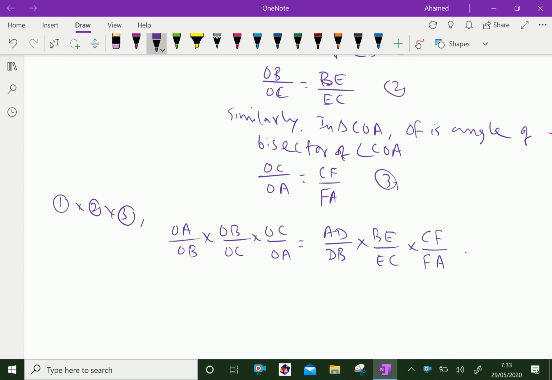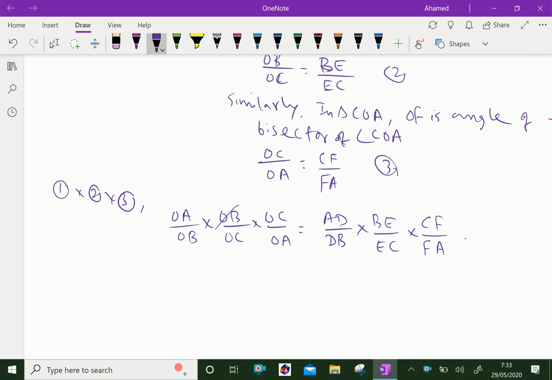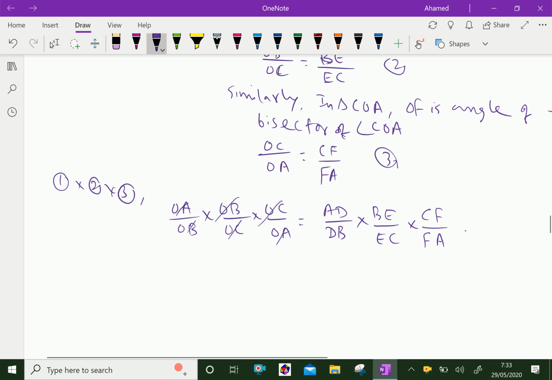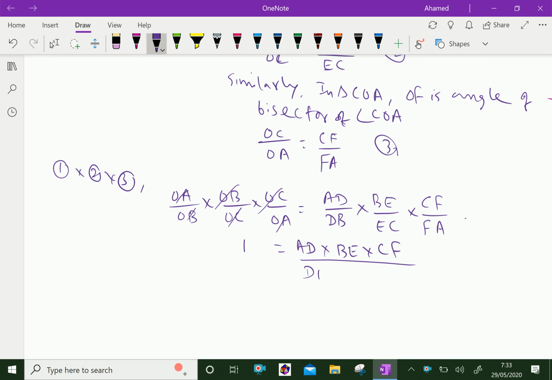Now look at this: OB, OB cancel, OA, OA cancel, OC, OC cancel. So it becomes 1, which is equal to AD into BE into CF over DB into EC into FA.